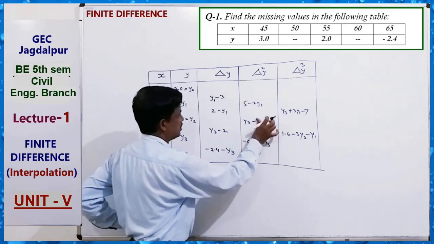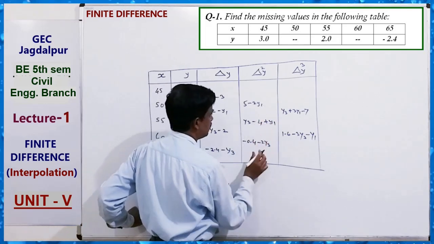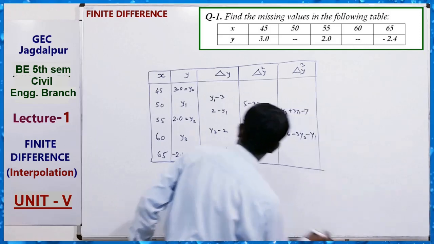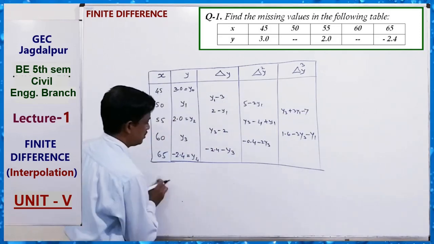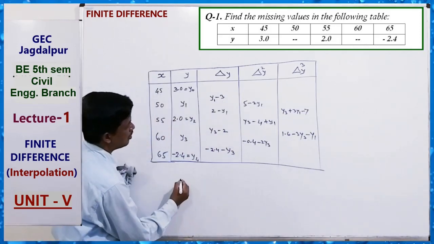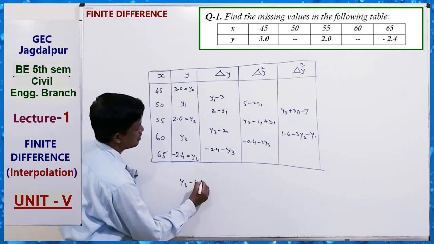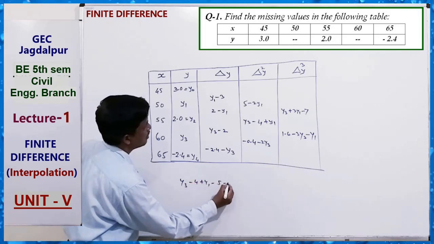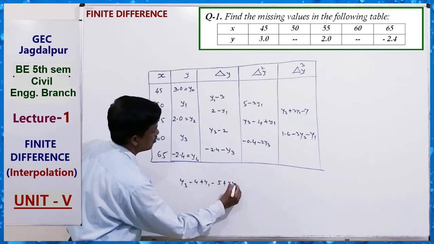So minus 4 is there, no? If minus 4 is there, then y3 minus 4 plus y1 minus 5 plus 2y1.